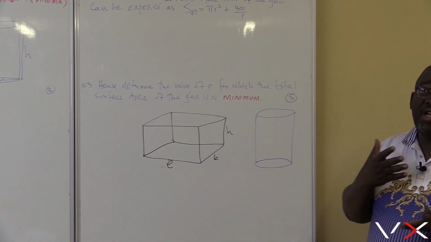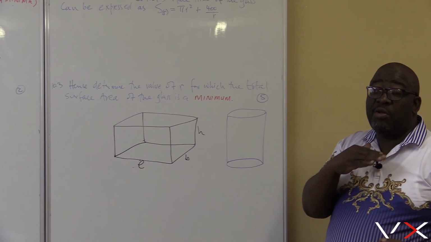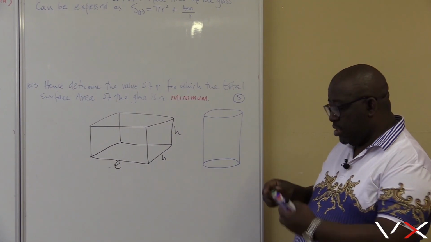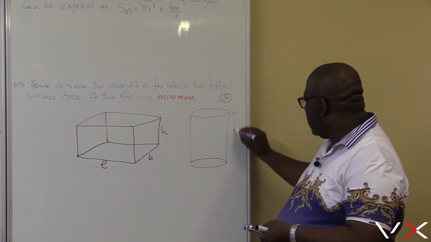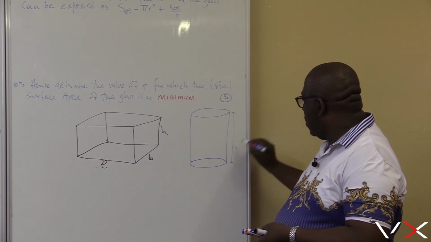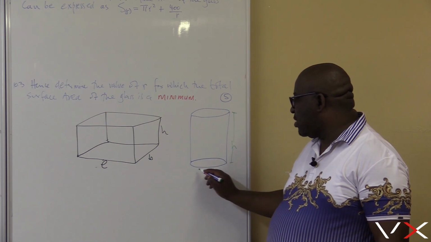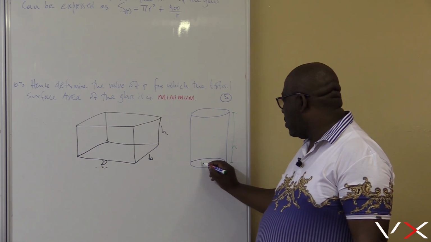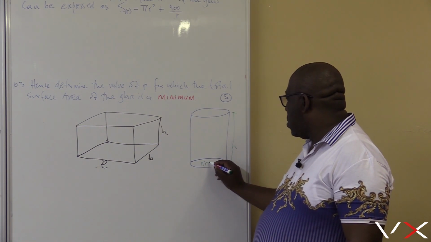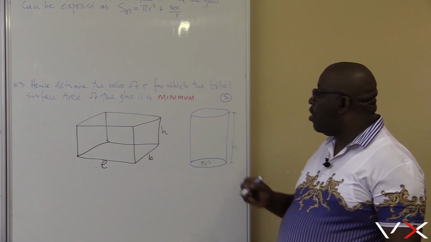How is a tin of fish? It is closed on both sides when you buy it in the shop. But when you get it, this distance here will be our height. We'll call it h. But this part which is circular, what is the area of this one? It is pi r squared. This is the area of a circle.